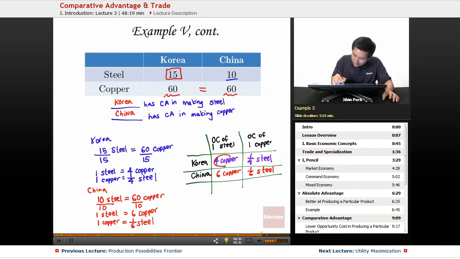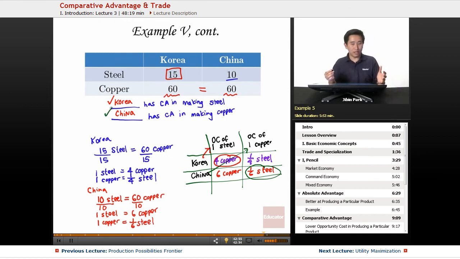So 4 is less than 6. So if the predictions I made were true, then Korea should have comparative advantage in making steel. And lo and behold, it checks out. 4 is less than 6. Korea has comparative advantage in making steel. And therefore, China, 1 over 6, is less than 1 over 4. So China has comparative advantage in making copper.